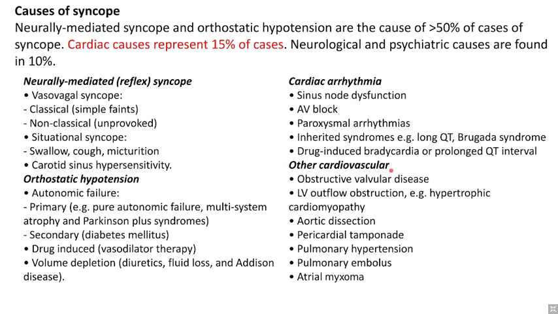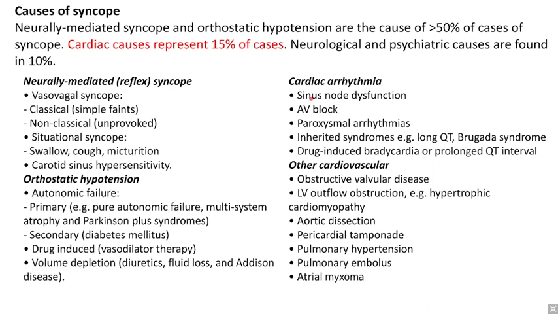Some cardiovascular diseases may also be a cause for syncope, for example, obstructive valvular disease, left ventricular outflow obstruction, hypertrophic cardiomyopathy, aortic dissection, pericardial tamponade, pulmonary hypertension, pulmonary embolus, atrial myxoma.